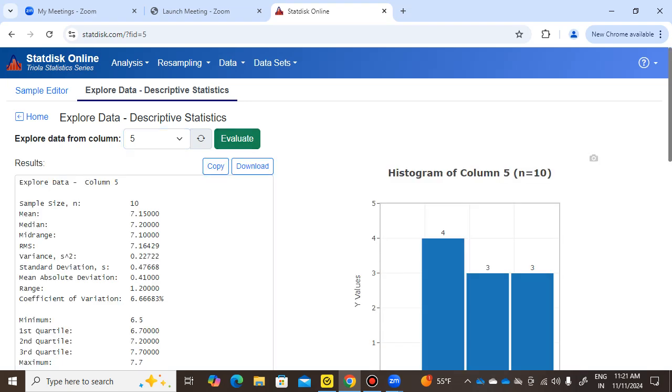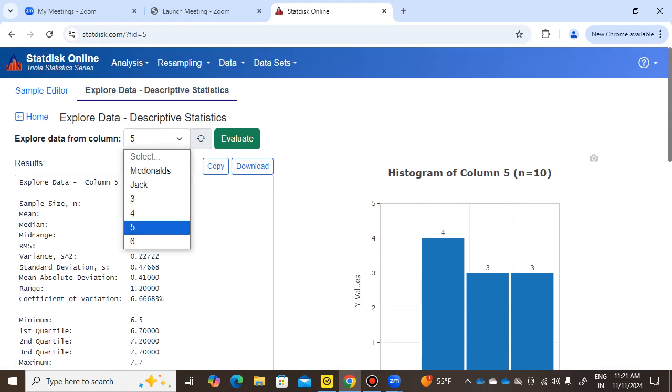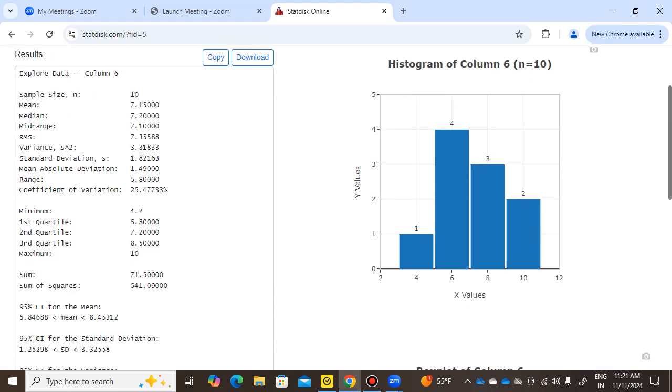Column 5. Okay, so for Jefferson Valley, your mean is 7.15, median is 7.2, mid-range is 7.1, and for column 6, mean is 7.15, median is 7.2, mid-range is 7.1.